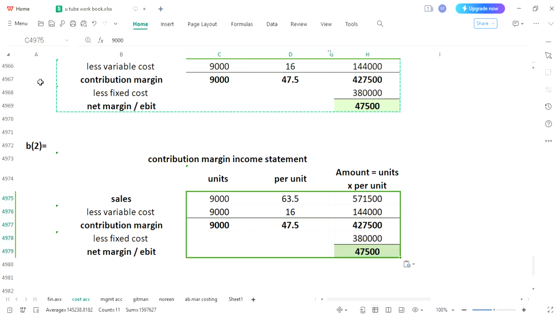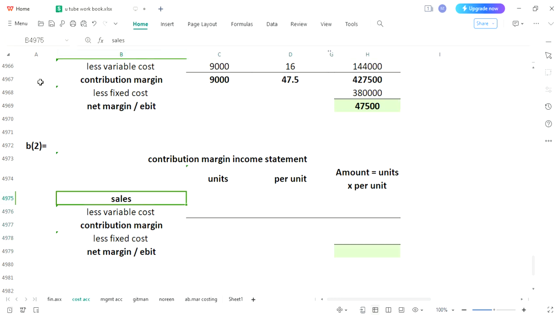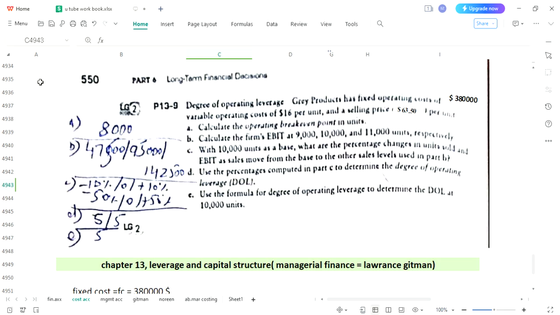So I will erase them, though it is little easy at Excel, but in your examination you won't be allowed to use Excel and you won't be having any programmable calculator. So it would be your practice and you will have to write it again and again, all statements, because in our requirement it has been said to calculate EBIT for all 3.